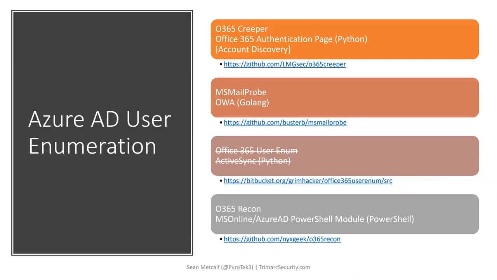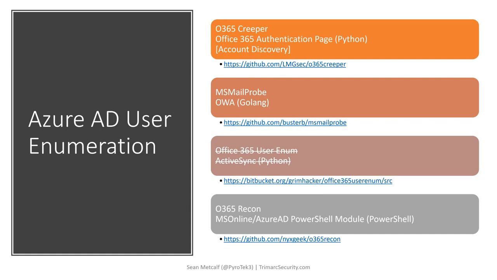This is possible with a tool called O365 Creeper, which leverages a feature of the Office 365 authentication page, where when you type in your email address, it's going to identify if that email address exists in an Active Directory tenant. Once it does, then it's going to prompt for the password and continue on with the typical authentication process.